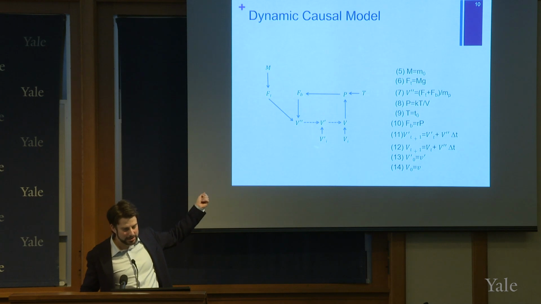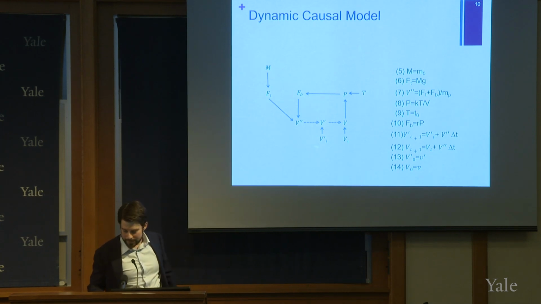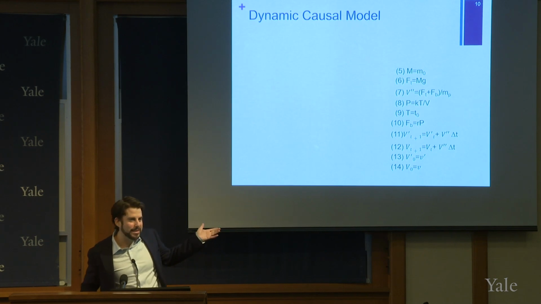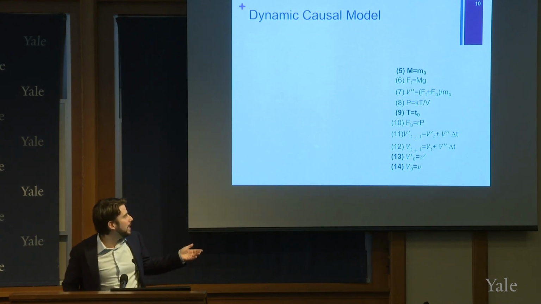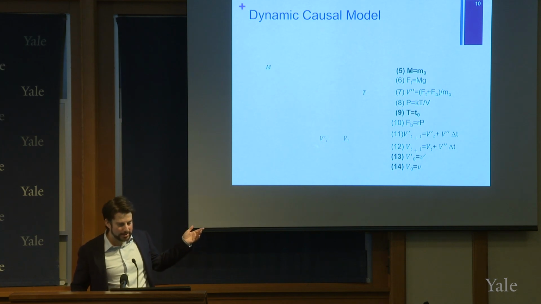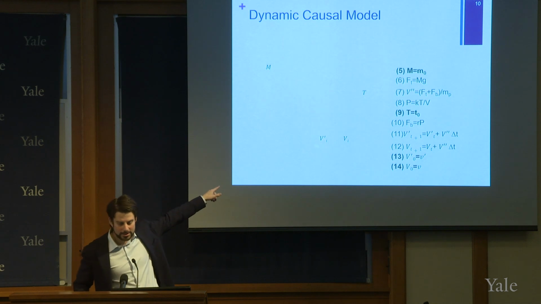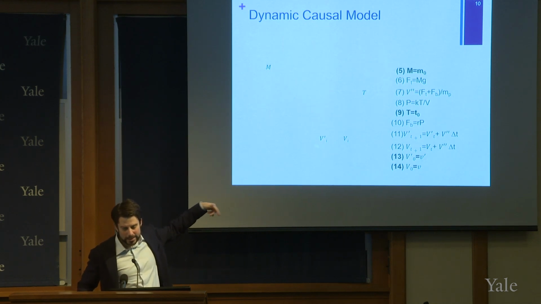Okay, so in any case, we have now volume not at equilibrium. Volume and temperature cause pressure, which influences the force in the bottom. And just to see how the equation approach works, it works in basically the same way as the original causal ordering method, except we have some more exogenous variables, because first of all, we've added mass, and also the initial conditions are exogenous. And then we solve for the equations in the same way.